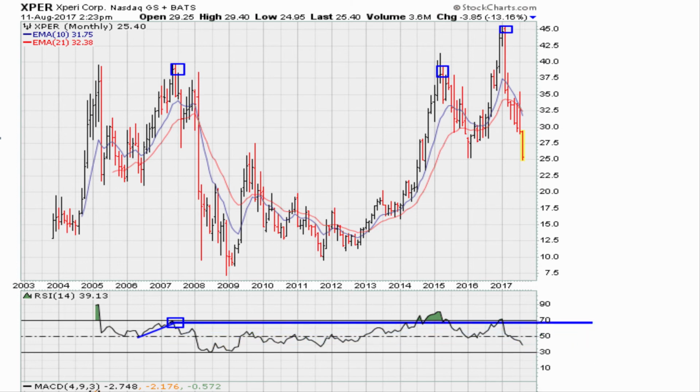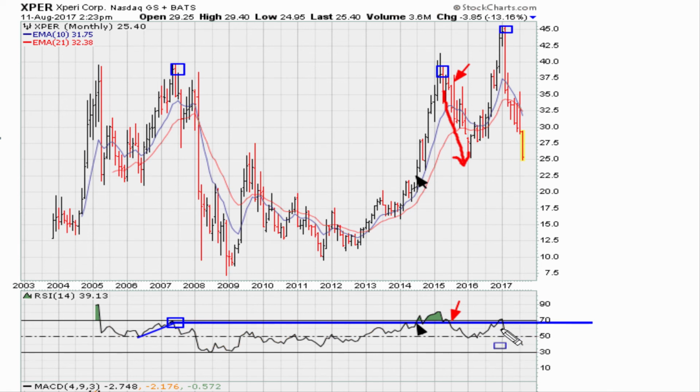What we get out of this is that there is a move above the line here, which is this entry in 2014. The stock goes on a nice run until it cracks back below that RSI level, which is this movement lower, and then we get that pullback here.